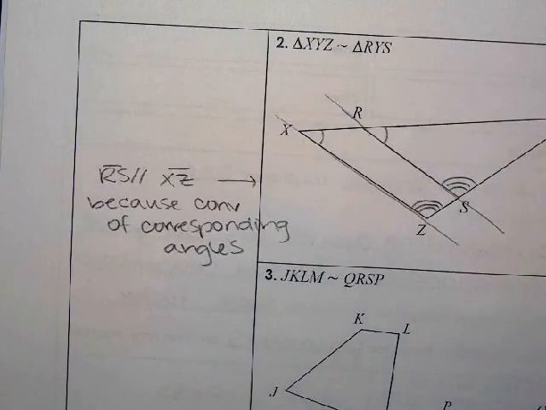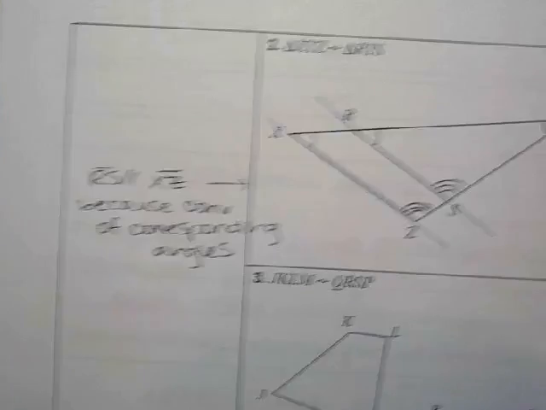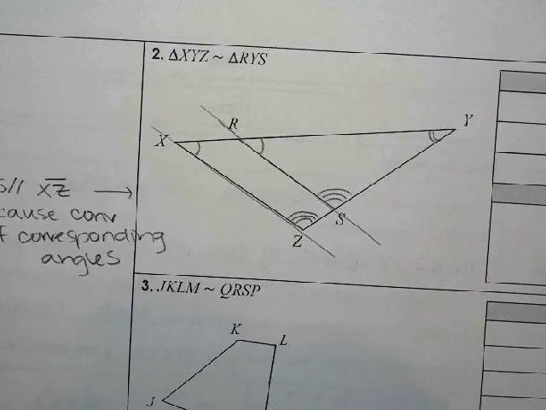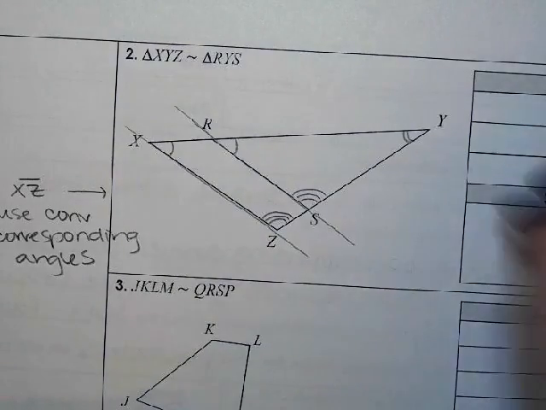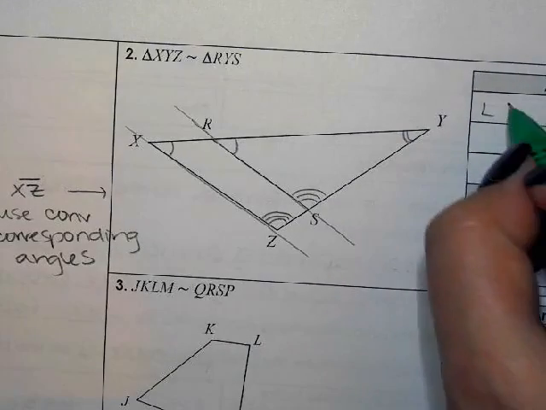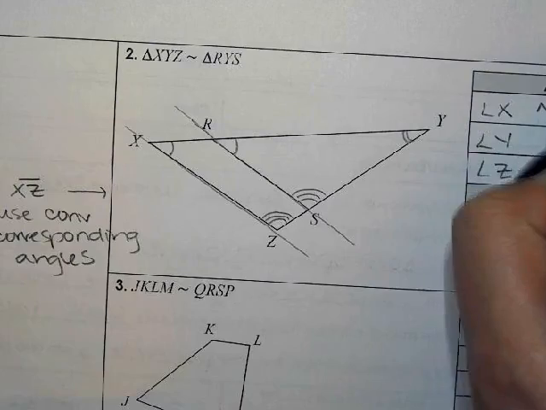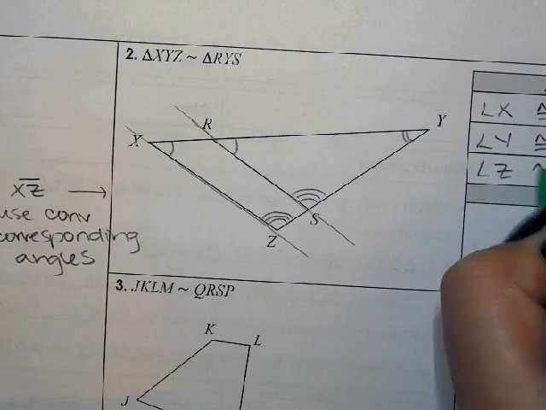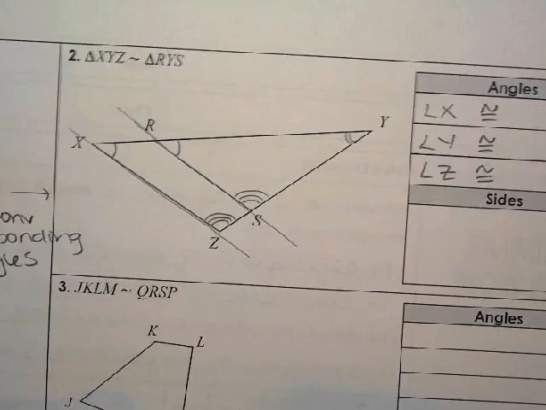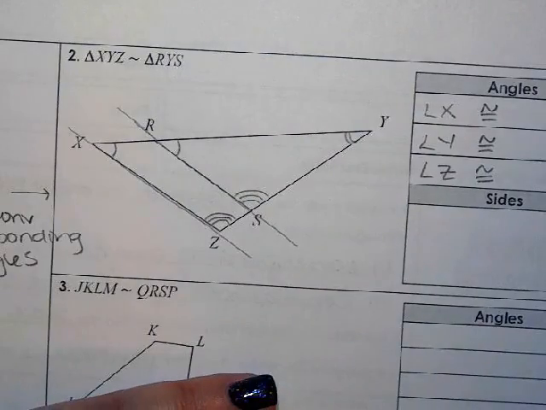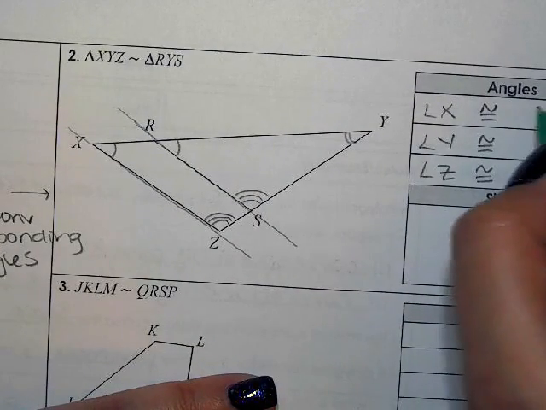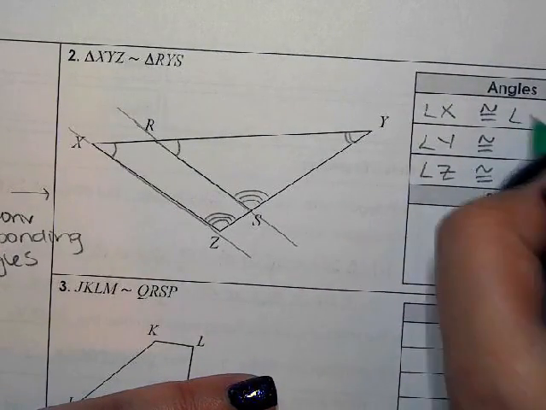Okay, so if we look at this, we have angle X, angle Y, angle Z. And what angle is X congruent to? R. What angle is Y congruent to? Y. What angle is Z congruent to? S.